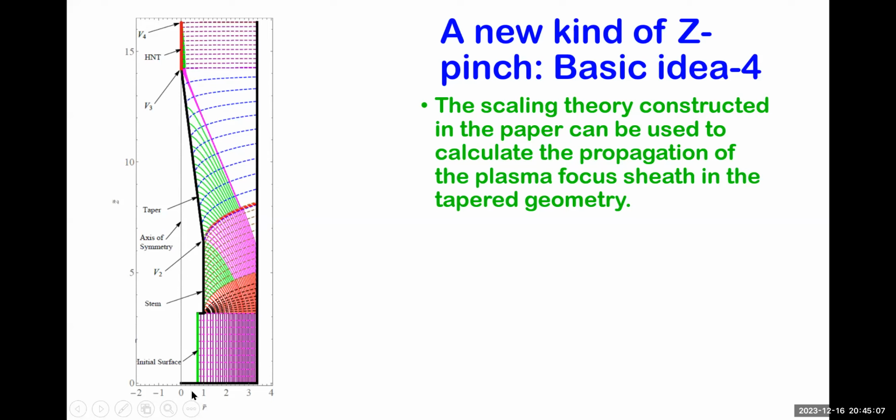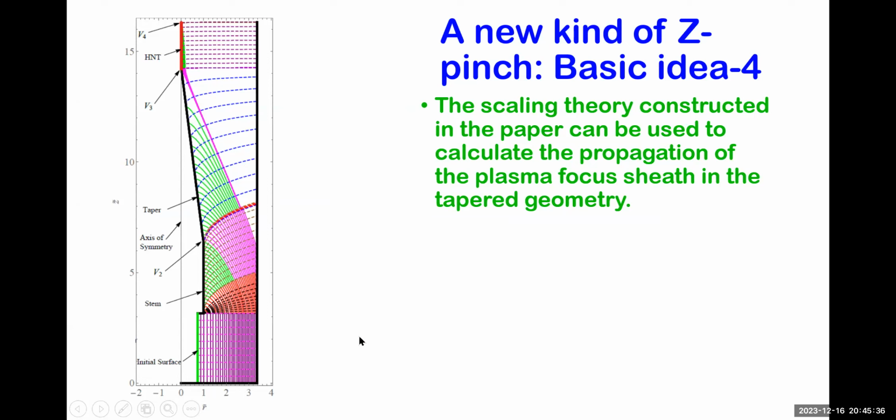This green line here, thick line, is the initial surface of the insulator. This thick black line is the outline of the tapered anode. This is the stem portion, and this is the taper. Beyond the taper, this red line is the hypodermic needle tube. You see these curved solid lines.